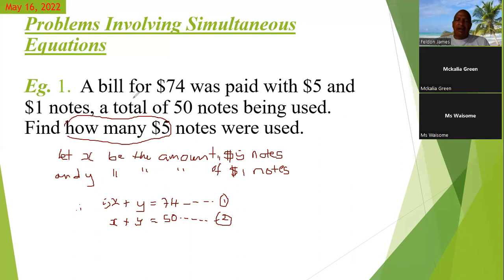Right, so if you are solving for x, and that's what they're asking you for, it means that you really don't need to calculate what y is. But I would say practice to calculate y in terms of practice. But when you're asked a question in an exam, just solve what they're asking you for. All right, Miss Green, are you following so far? Are you seeing how to formulate these equations?